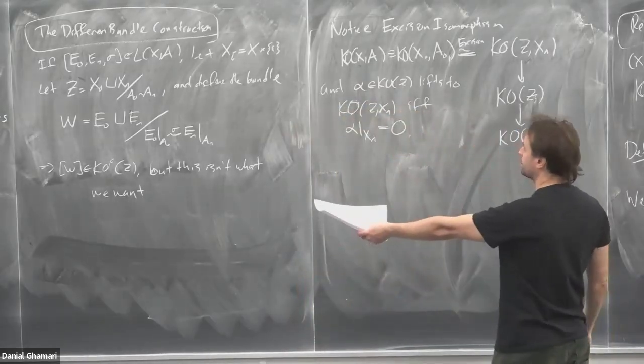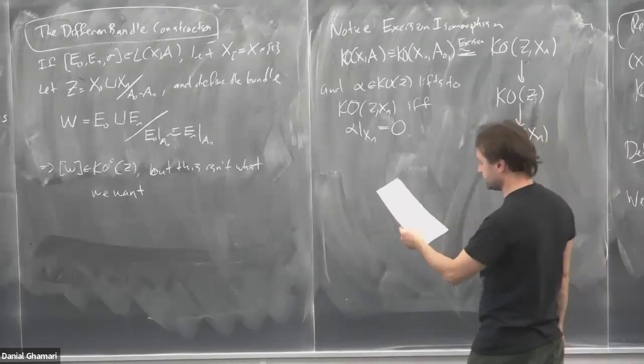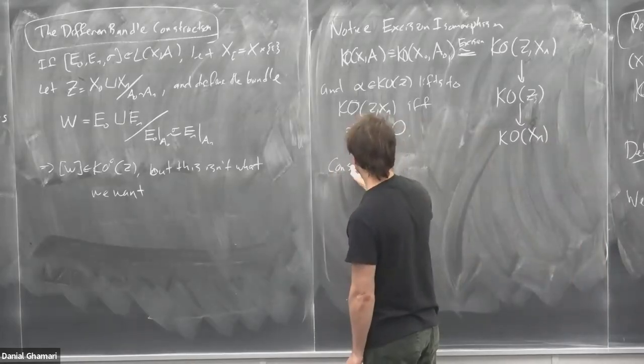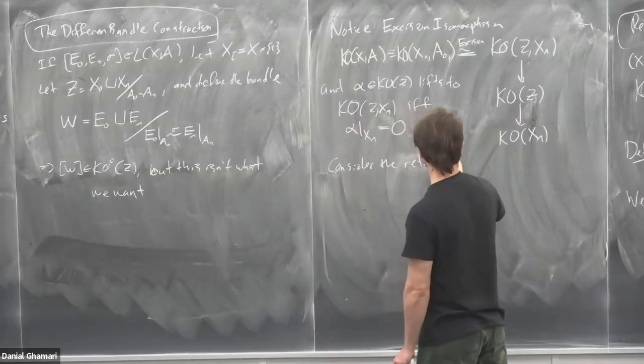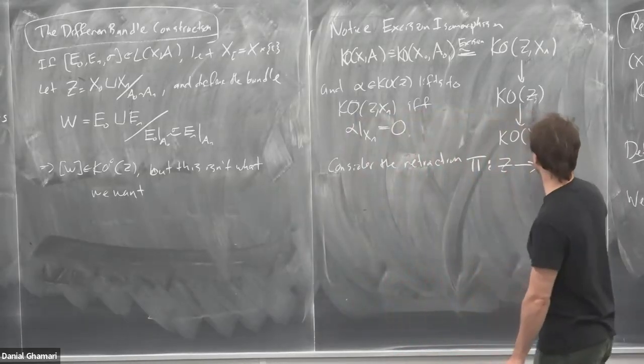So our W over here, the restriction to X1 isn't necessarily 0, but we can do something really tricky. So consider the projection pi from Z to X1.